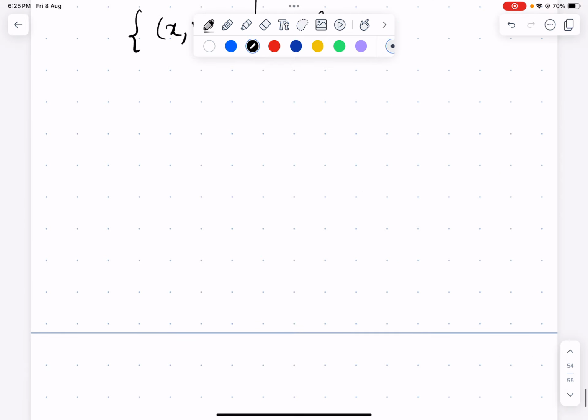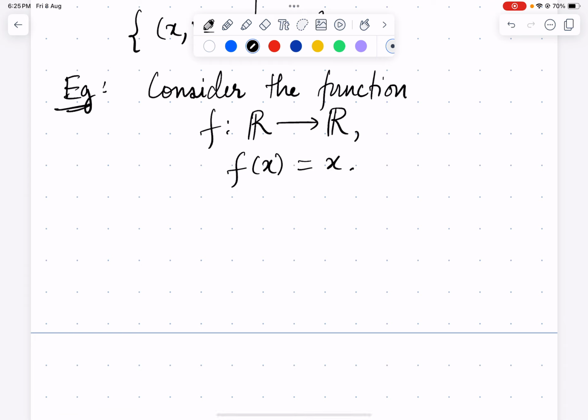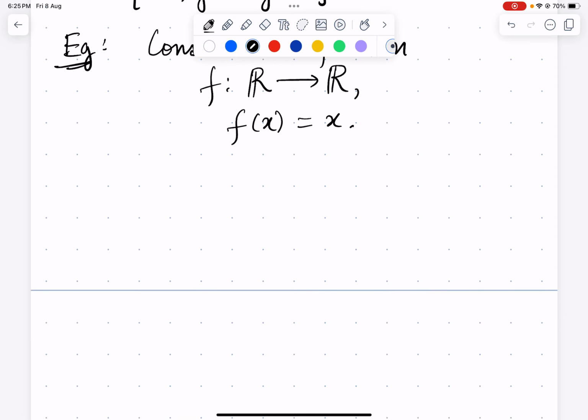So let's consider another example. Consider the function f mapping from R to R, and this time we will take f of x equals x. Whichever input it takes, it will give out the same thing as the output.